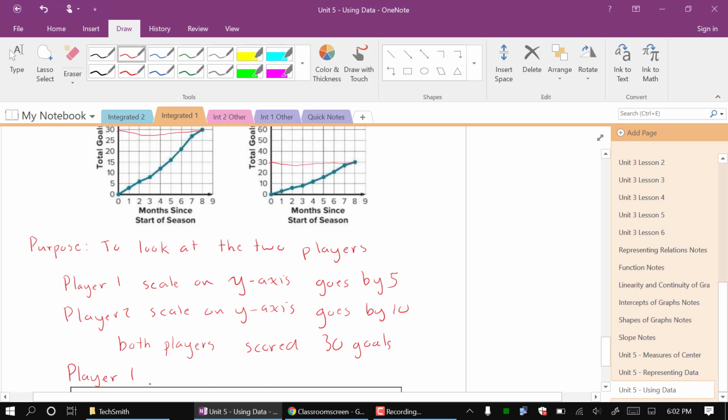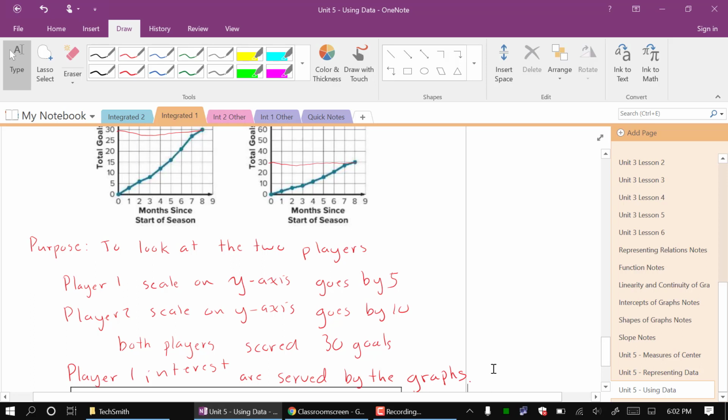Player 1's interests are served by the graphs. It makes player 2 look like they're not as good as player 1, but in reality, player 1 and player 2 scored the same amount of goals.